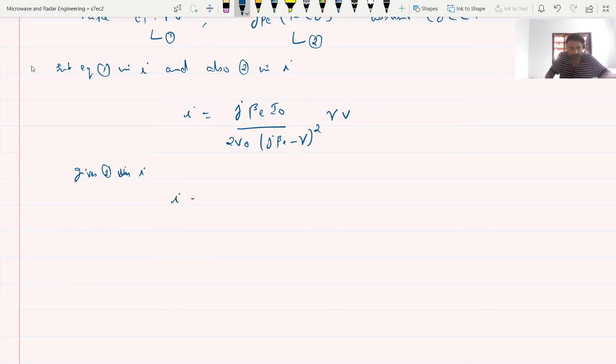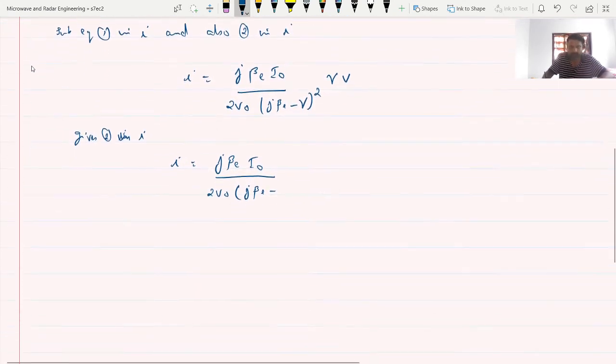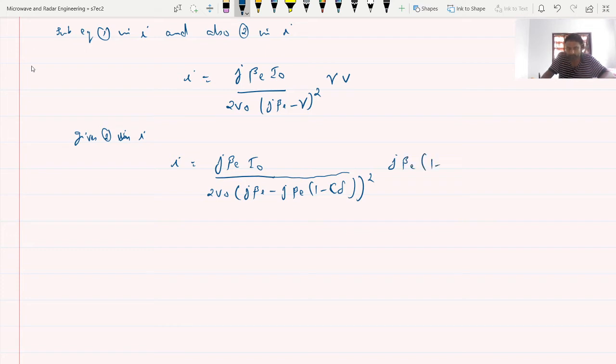I is nothing but j beta e I naught divided by 2 V naught, j beta e minus, what is the gamma we have to change, that is j beta e into 1 minus C delta, square, into j beta e into 1 minus C delta into V.